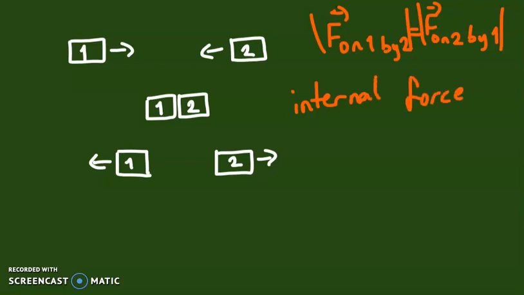So when there is an internal force in the system, then the equation that we wrote above, momentum initial plus impulse equals momentum final, changes. If the forces in the system are internal, which means the impulses cancel each other, then there is no net impulse.